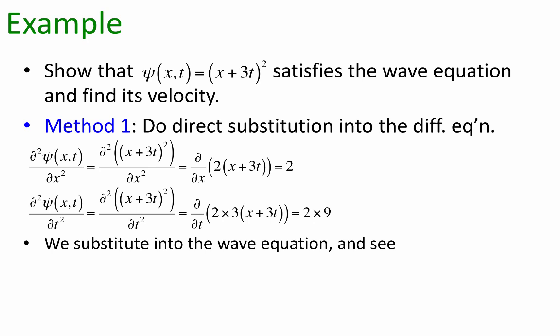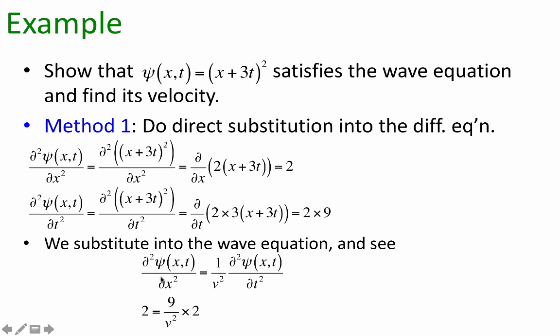Why did I write it like that? You'll see in a moment. Substitute that into the wave equation. So you've got your partial derivatives with respect to x on the left. That was 2. Then you have 1 over v squared times partial derivatives with respect to t on the right. And these are equal to 2 times 9.